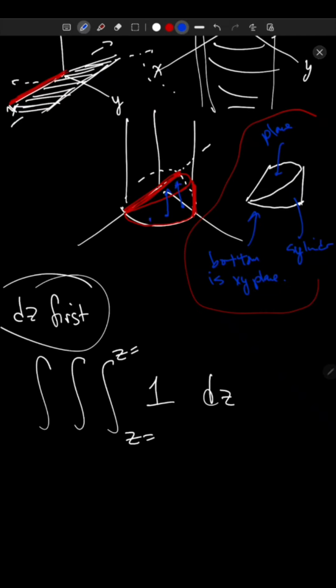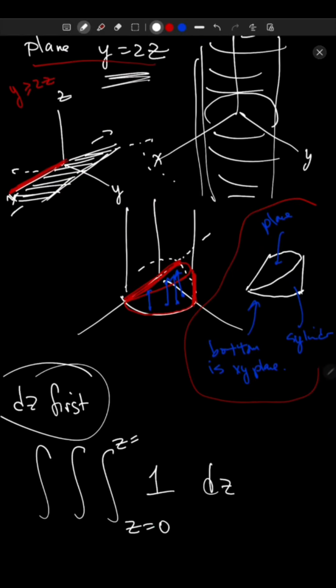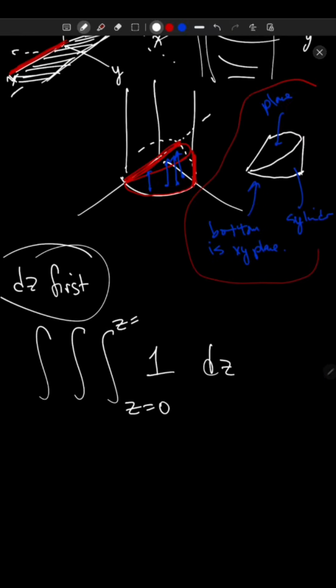Ground to the plane, ground to the plane, all of them. Because it's so consistent, we only need to do one integral to write this part out. The ground is z equals 0, the xy plane, and the plane up there was y equals 2z, so z is equal to y over 2.